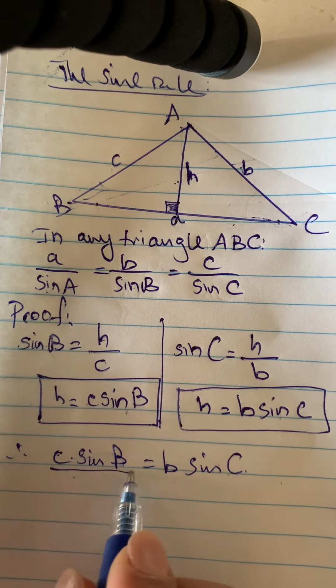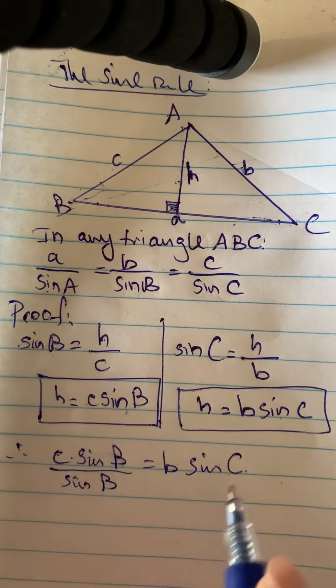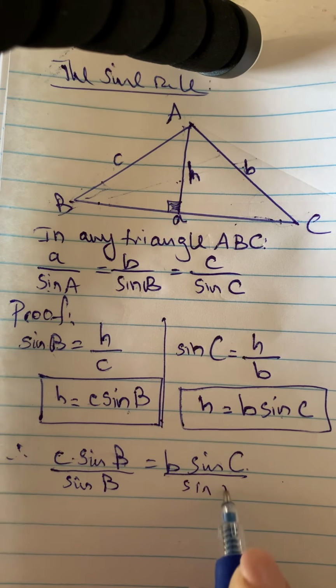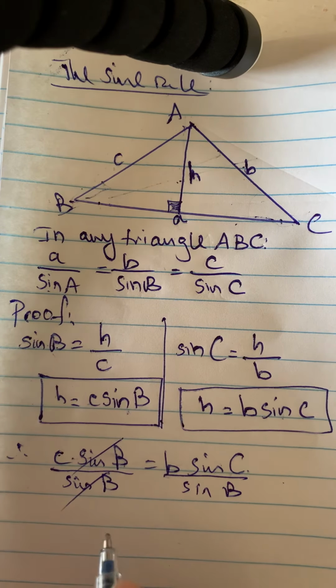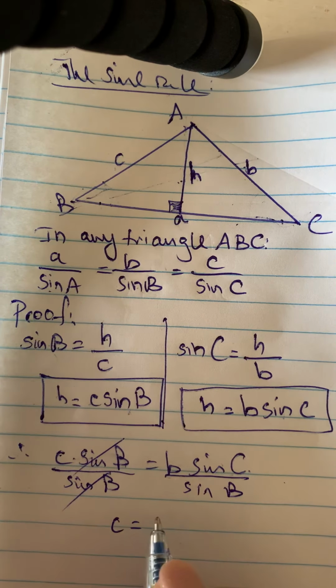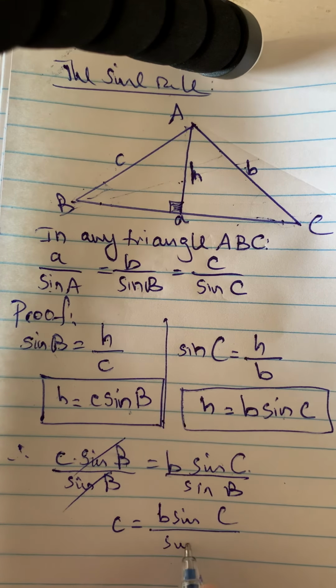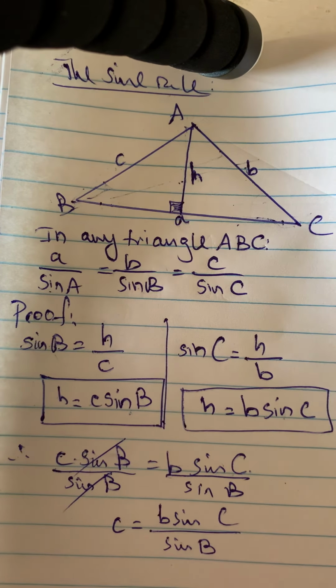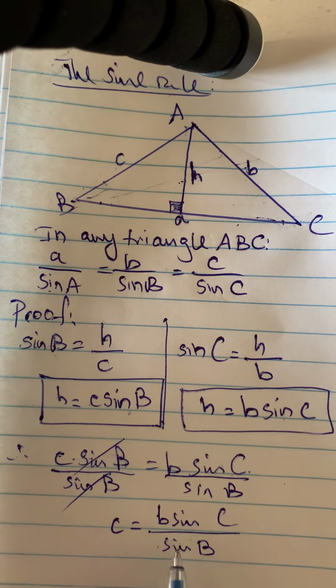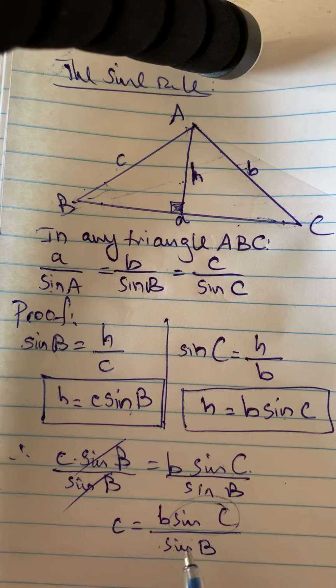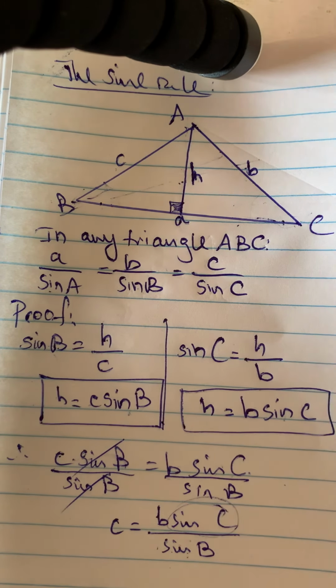So divide both sides by sine B to begin with. So this will cancel. Then we get c equals b sine C on sine B. Now, sine B is in the denominator, which is where we want it. So for now, leave it there. Let's divide both sides by sine C in order to get rid of it.